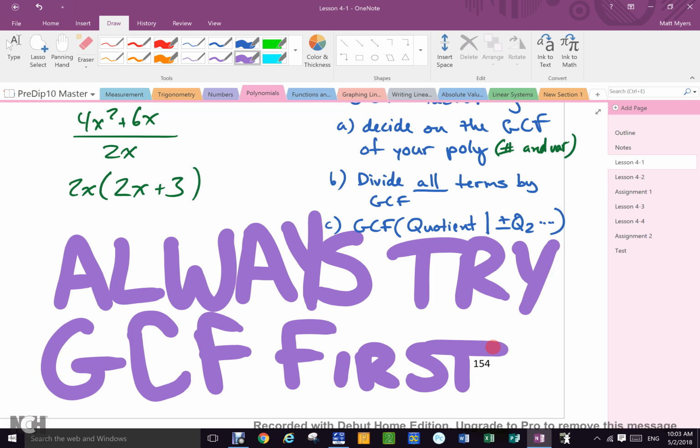Always. Every single question you approach for the rest of your math career, if you can GCF it, you GCF it, because that will make it simpler. Okay?